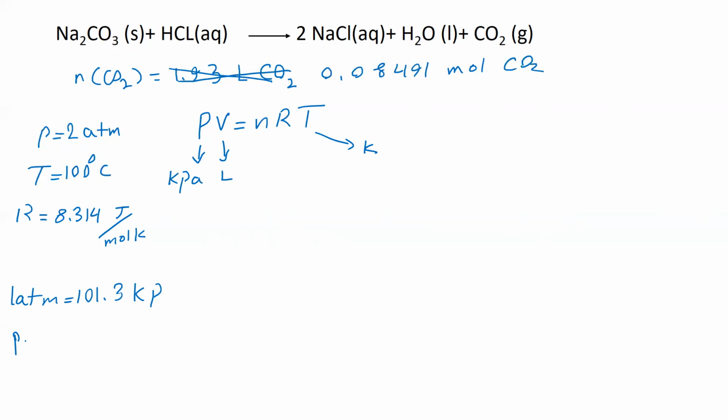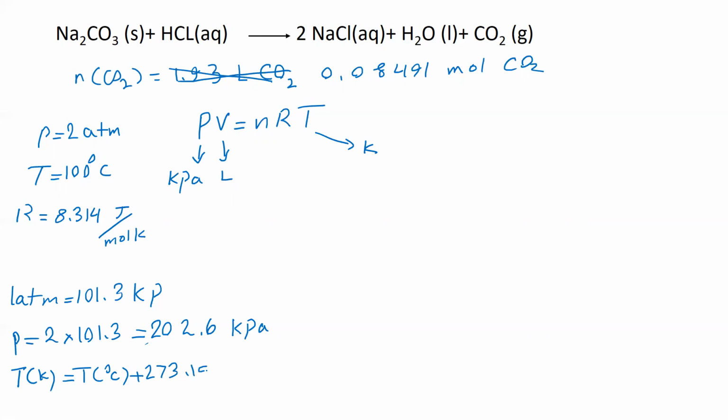As a result, P is 2 times 101.3, which is equal to 202.6 kilopascal. And I also need to convert the temperature to Kelvin. We know T in Kelvin is equal to T in degrees Celsius plus 273.15. So 100 plus this is 373.15 Kelvin.